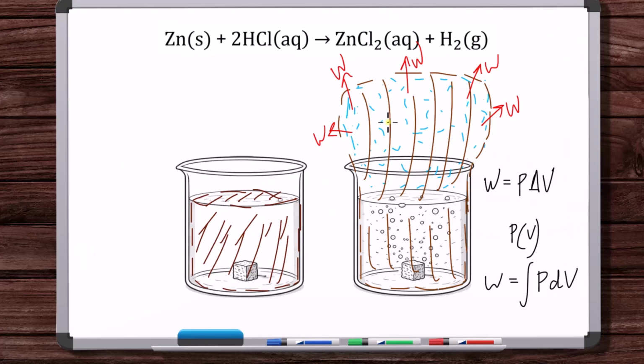And so if the volume of the system increases against an external pressure, then energy in the form of work is transferred out of the system. So in the first law energy balance, that's going to be negative, there's energy that left the system. If the volume decreases against an external pressure, then the energy in the form of work is transferred into the system.